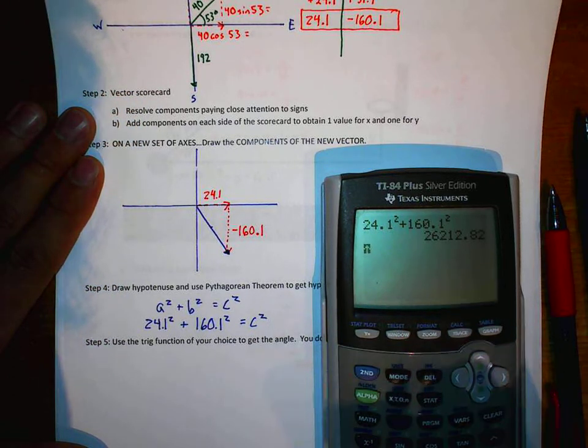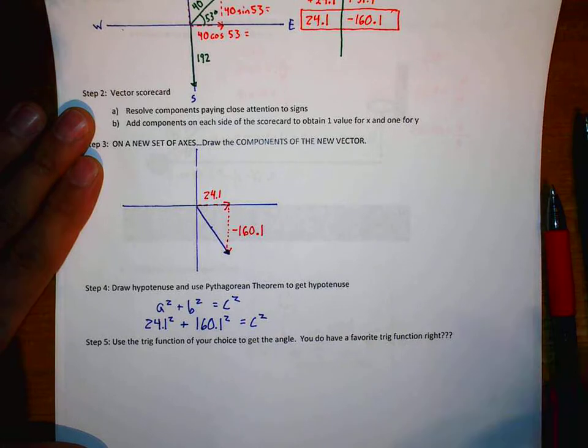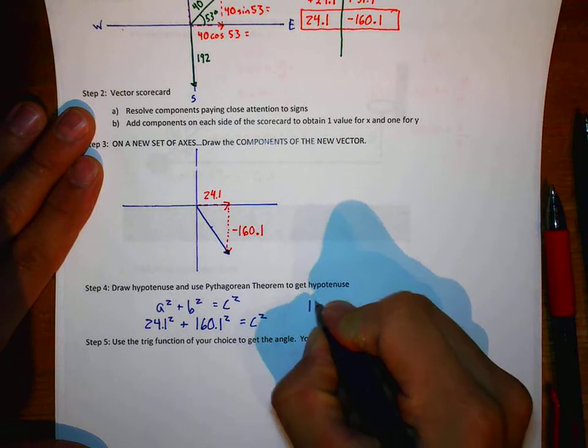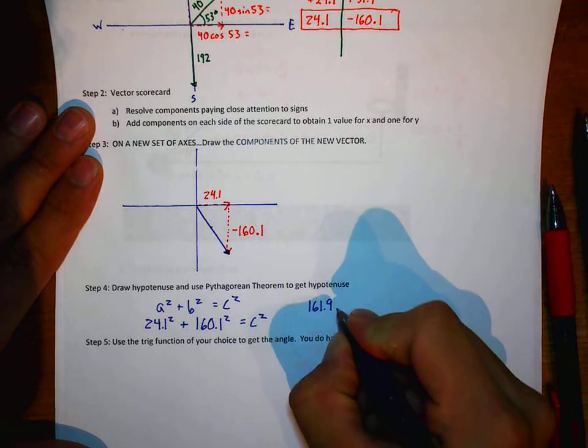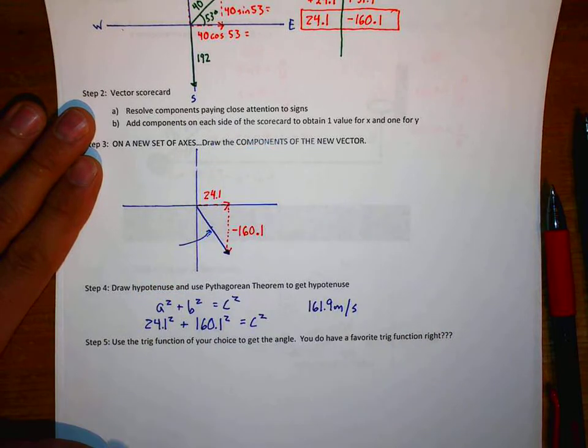And we'll square root it. And we get 161.9. So 161.9 meters per second. That is this value right here.